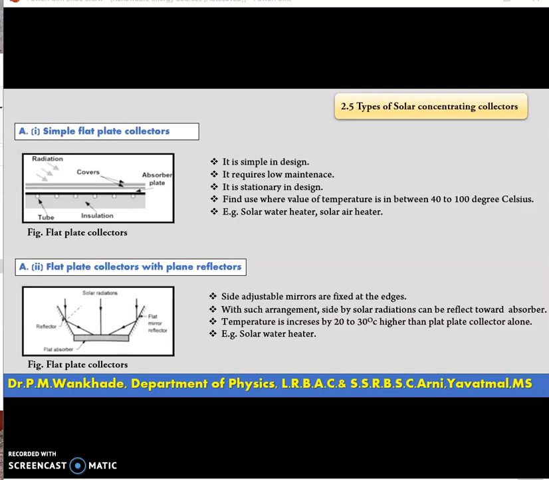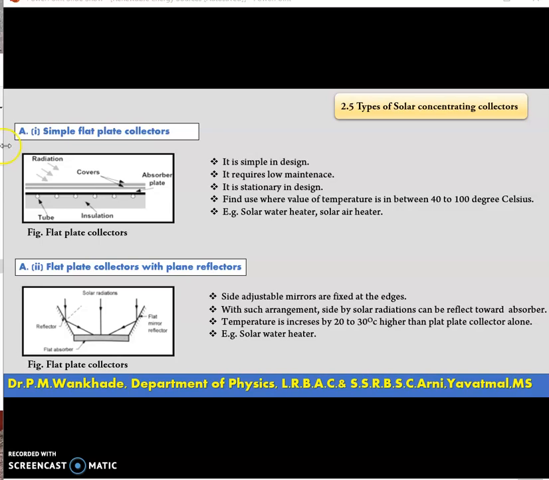There are mainly two types of collectors, that is, flat plate collectors and focusing collectors. Flat plate collectors are further divided into three types, and we will learn them one by one.